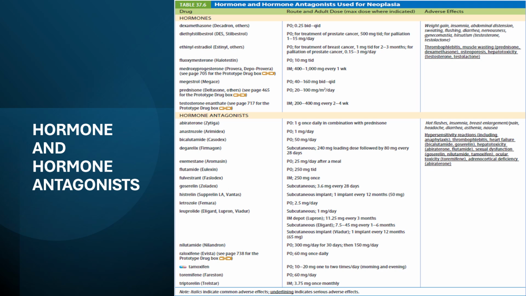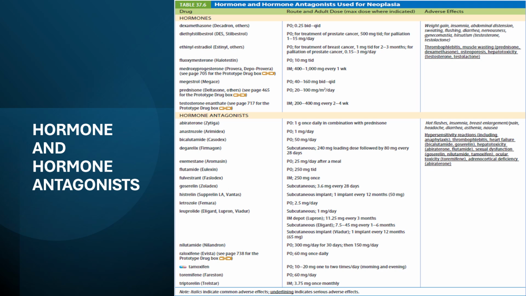Tamoxifen is the most widely used drug for breast cancer. Toremifene and raloxifene are called selective estrogen receptor modifiers.